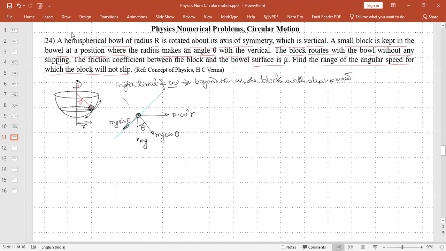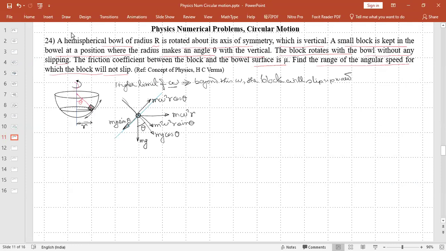Similarly, m omega square r also is split into two perpendicular components. It will have one component in this direction, which is m omega square r sin theta, and a component in this direction, which is m omega square r cos theta.